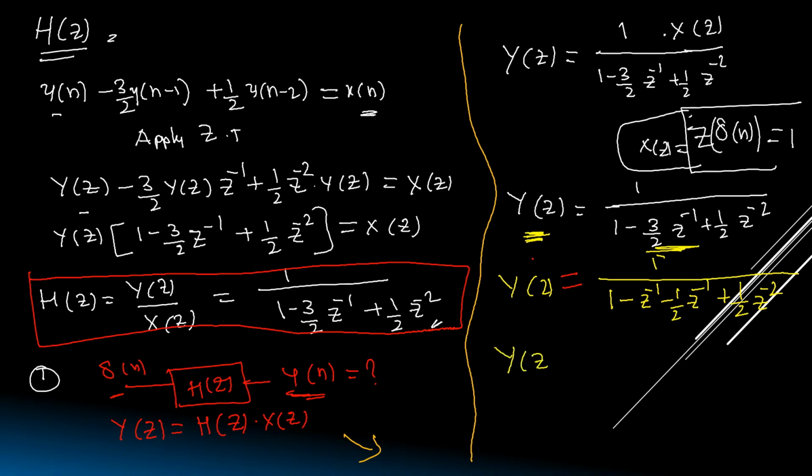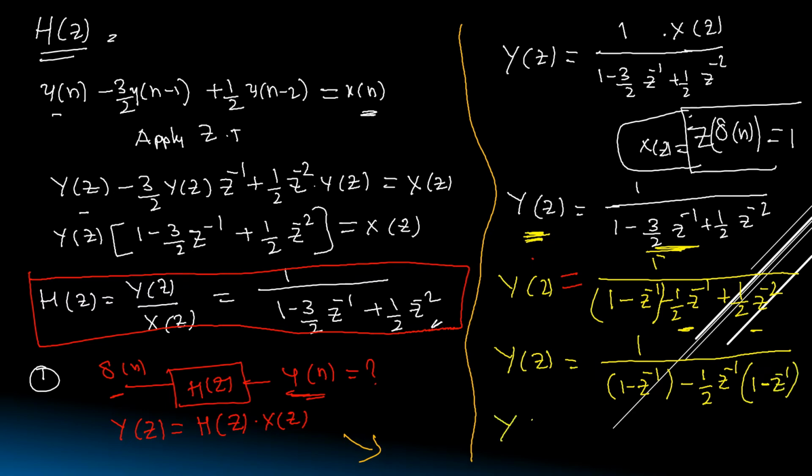For further simplification, Y(z) is equal to 1 by, and I'll assume one term as 1 - z^-1, and from the remaining two terms I'll take 1/2 z^-1 common. Taking it common, I have 1, and since it is minus, the remaining term is z^-1.